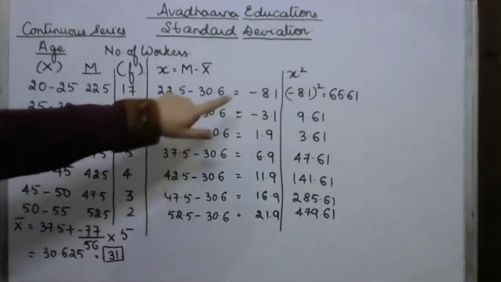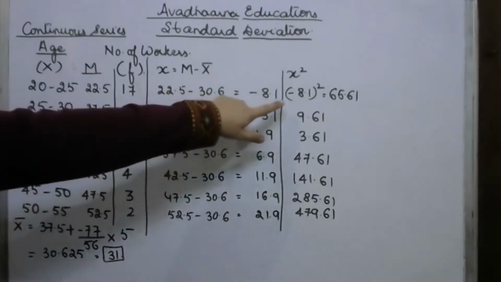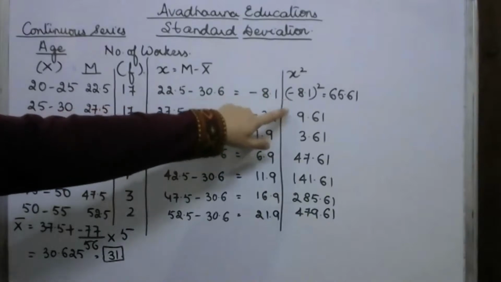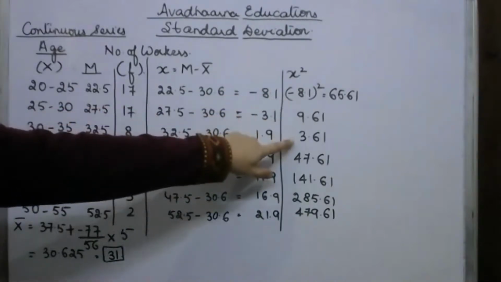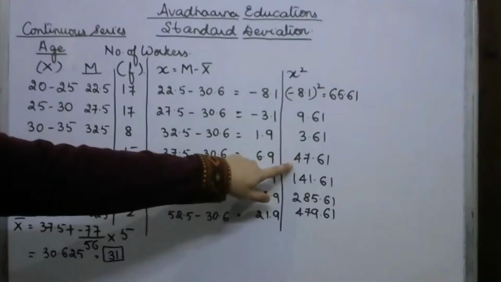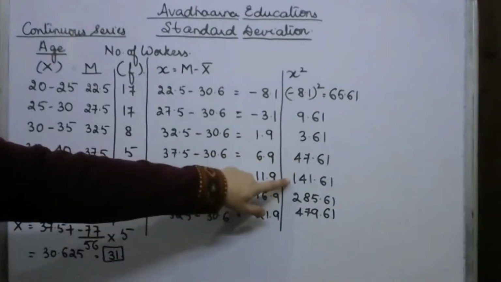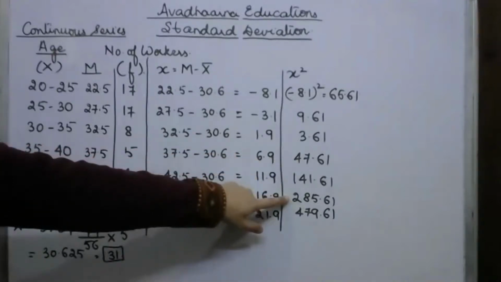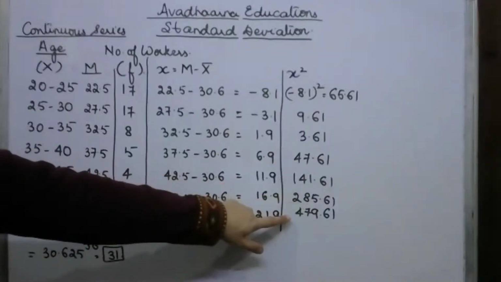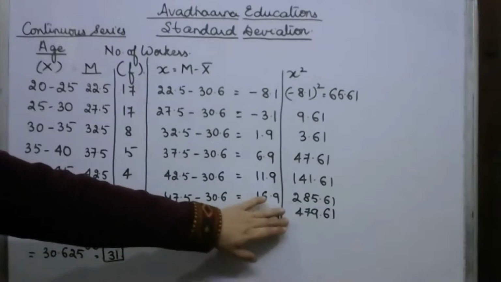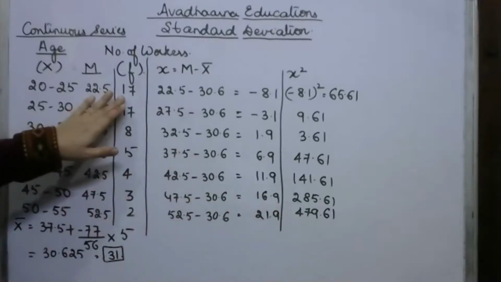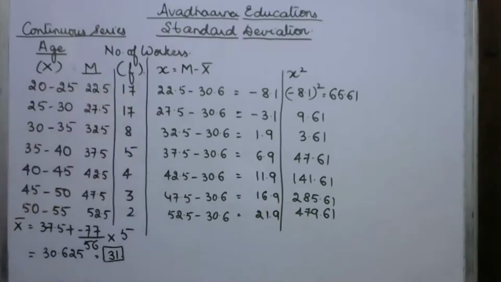So square of these deviations are 65.61, 9.61, 3.61, 47.61, 141.61, 285.61, and 479.61. Now these square deviations are multiplied by respective frequencies in the next step.